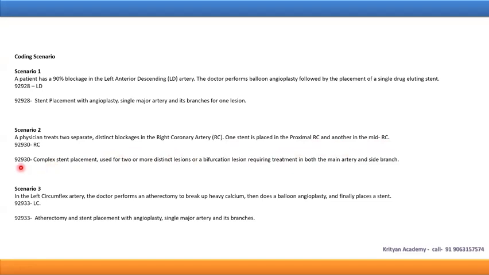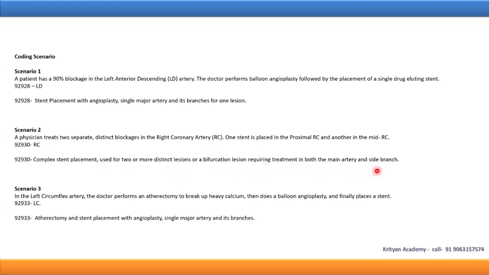So we have to use 92930, and we are using the RC modifier. This RC indicates right coronary artery. This one is considered a complex stent placement, and 92930 is used for two or more distinct lesions or a bifurcation lesion requiring treatment in both the main artery and its side branch.